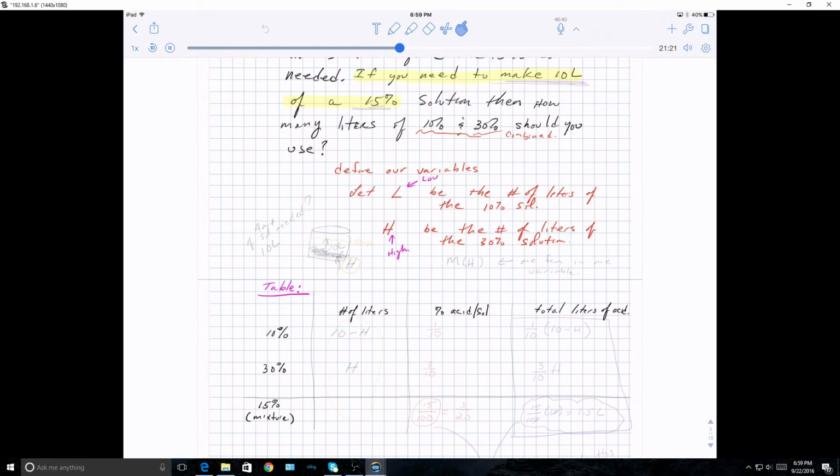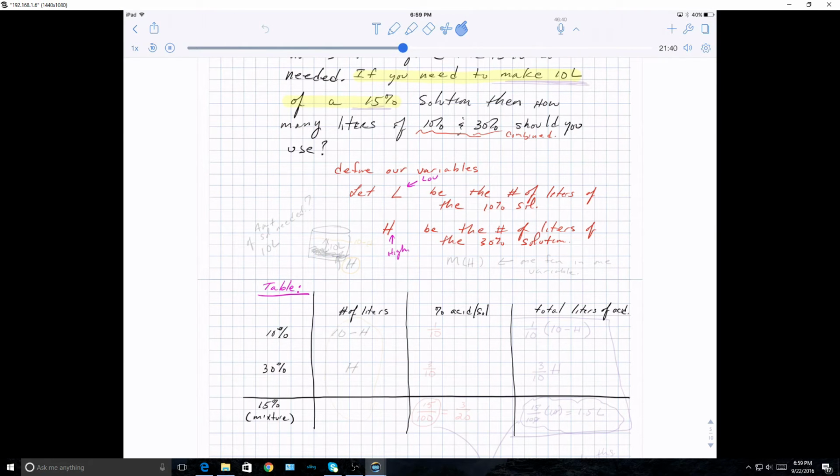So, what I'm going to do is finish off the table and try to clean it up and make it look a little bit nicer before putting all of the information in.